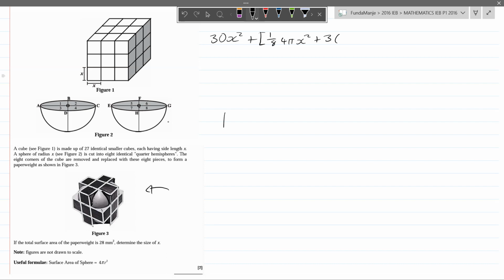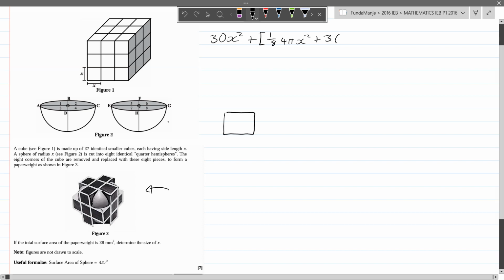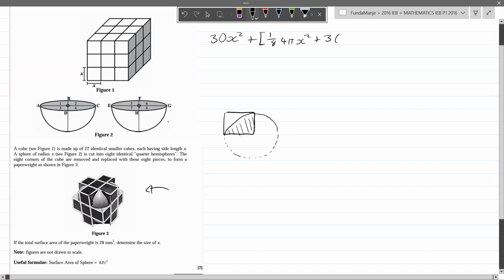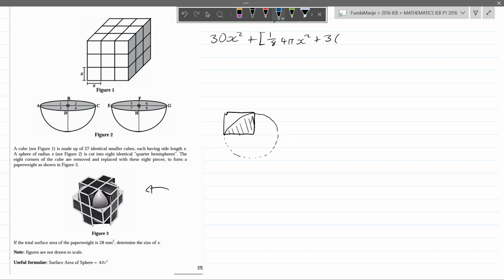If you were to draw the side view, it would look like this, where this part is taken out by a quarter of what would have been a circle. So this is what the full circle would have looked like, and we are only looking at this part that is being taken away. This is the exposed part that is left. We need to compute the area of this part.